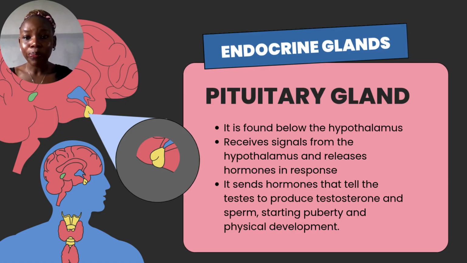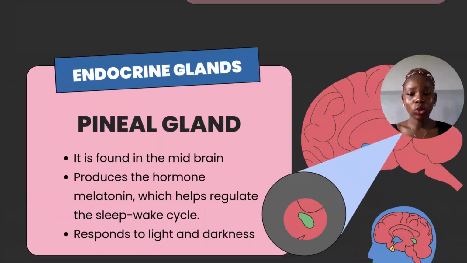Now, it is found below the hypothalamus and it receives signals from the hypothalamus and releases hormones in response. It also sends hormones that tell the testes to produce testosterone, starting puberty and physical development. And that is why they say it is the master gland, because it controls all the activities of all other glands.